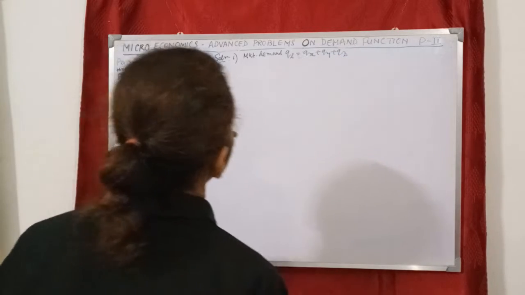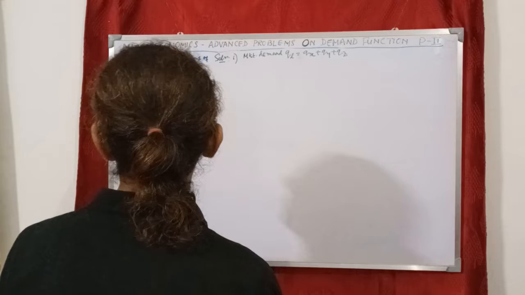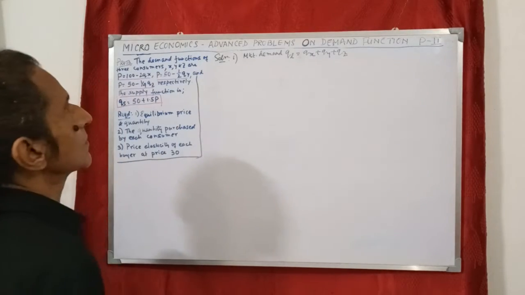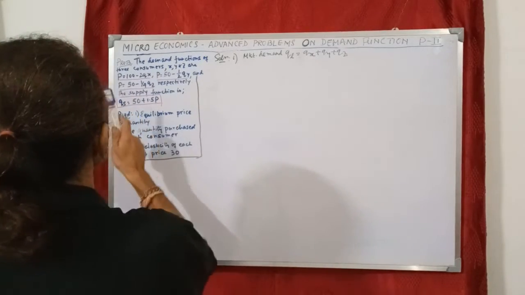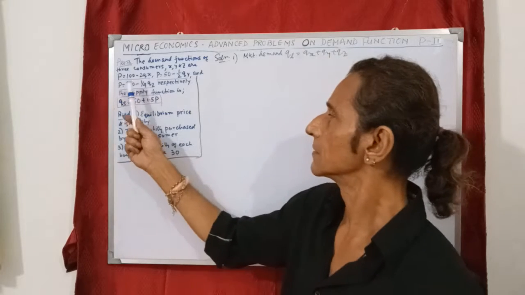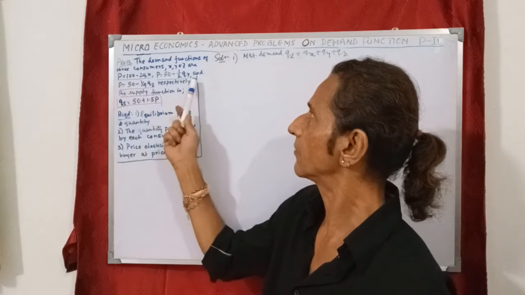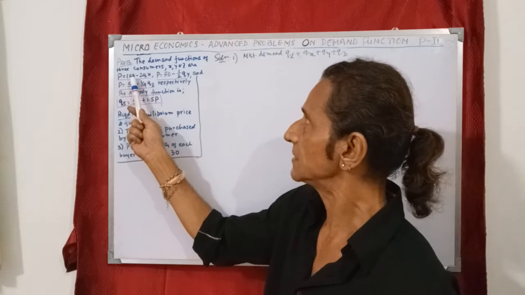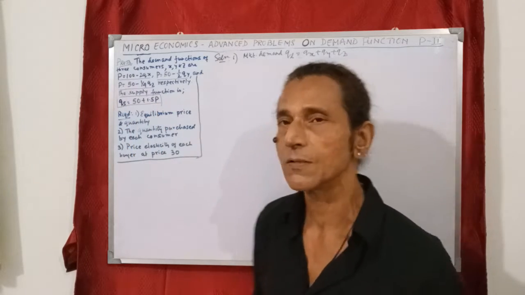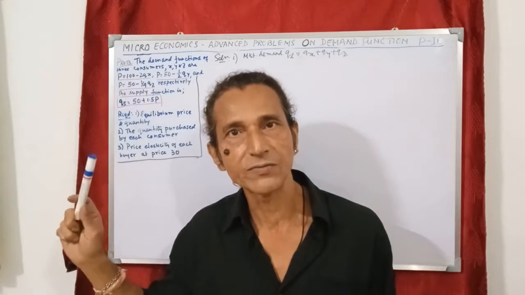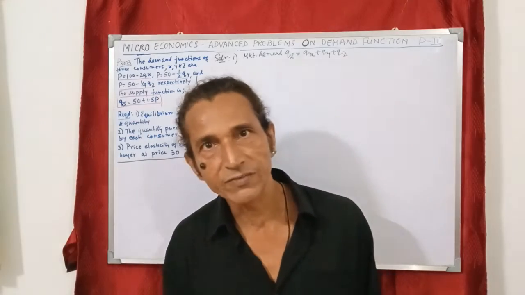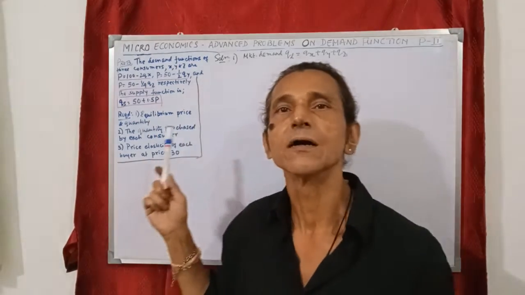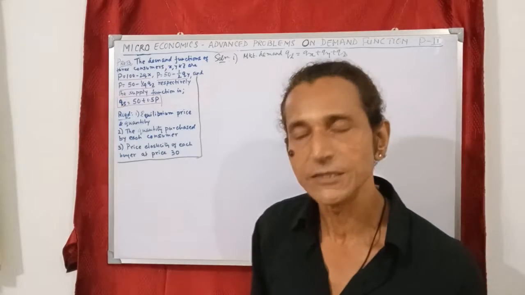These are the individual demands of the consumers X, Y and Z. Here you can see the demand functions are given, and basically these are inverse demand functions. We have to convert the inverse demand functions into original demand functions to find out the quantity demanded by each consumer.